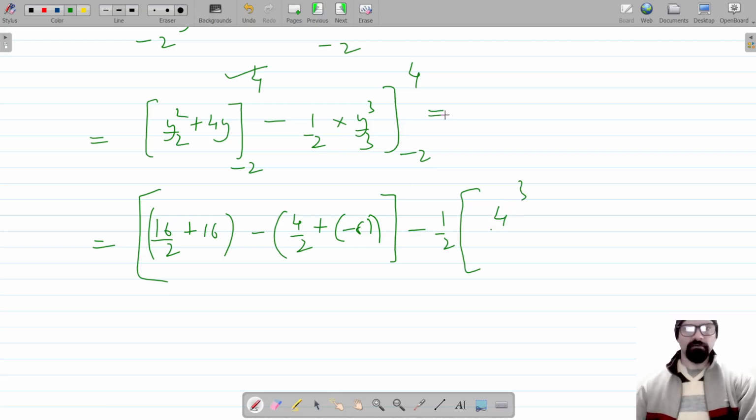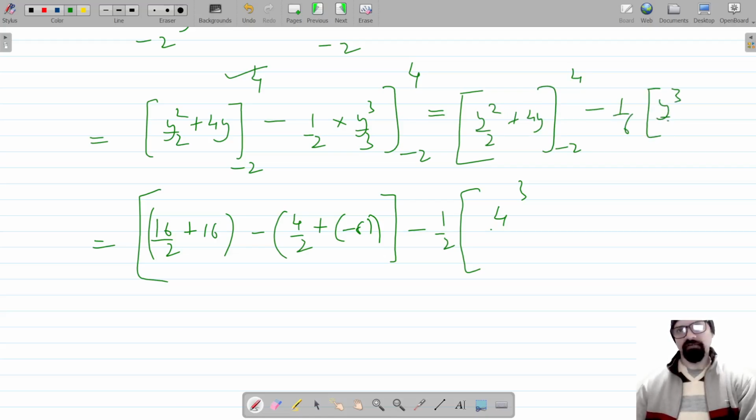So this is y squared by 2 plus 4y from negative 2 to 4, minus 1 by 6 for y cubed from negative 2 to 4.